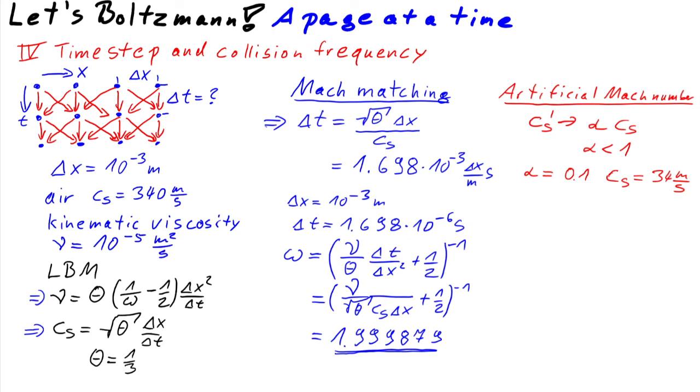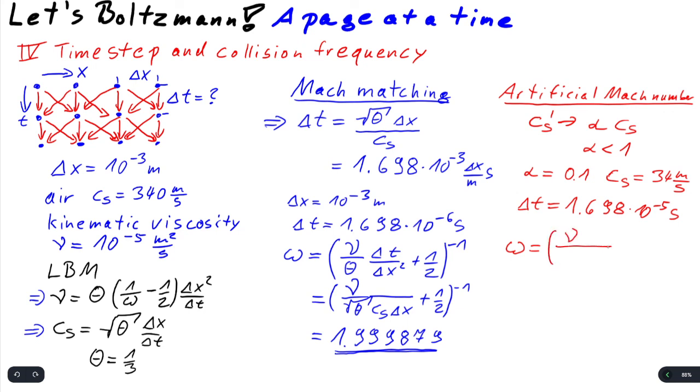So if we use now our artificial Mach number, we get a much larger time step, which of course helps us with efficiency, or a proportionally larger time step. So this would now be 1.698 times 10 to the power of -5. So it would be 10 times longer time step, and our omega, the collision frequency, would look like this.